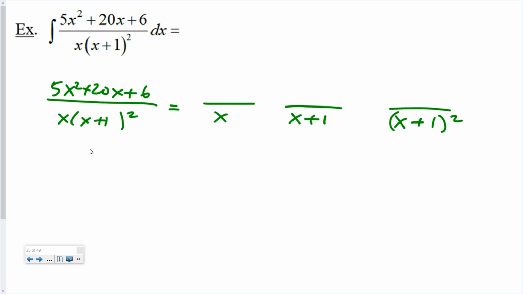Now, this problem is a tricky problem. Why? Because this denominator actually has two linear factors that are the same, okay? When you have repeated linear factors, it changes the game a little bit. What you have is one denominator x plus 1, and the other denominator is x plus 1 squared.